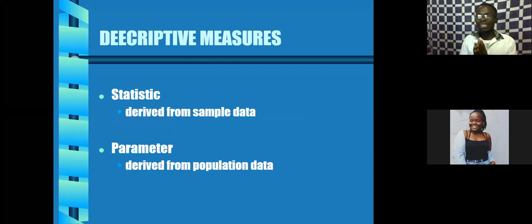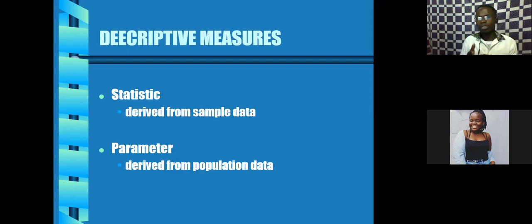So a statistic is data, a value, that is derived from a sample. Then when you look at a parameter, it is from a population. For example, if you're talking about the number of patients that presented with a certain condition, say malaria, then in that case you're talking about parameters.